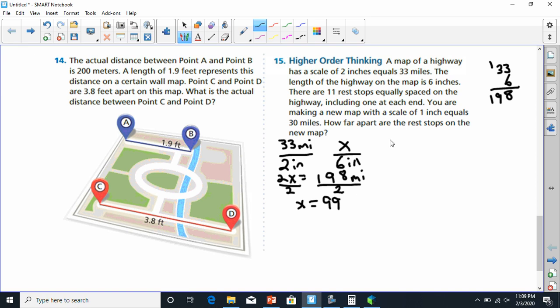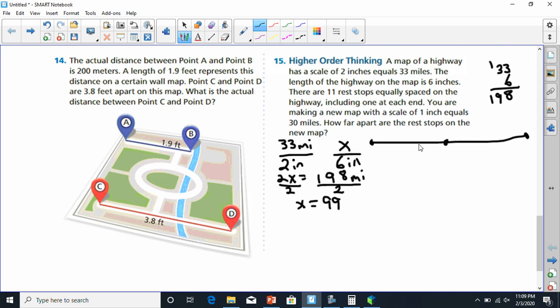All right, now it says there are 11 rest stops equally spaced on the highway, including one at each end. You are making a new map with a scale of 1 inch equals 30 miles. How far apart are the rest stops on the new map? Oh boy. Well, if I make this rest stop here, and I was to make 11 stops. So there's 1, 2 right there. Let's see.